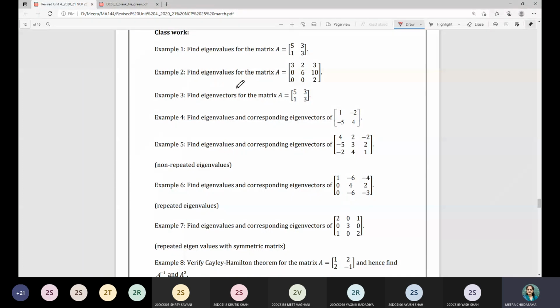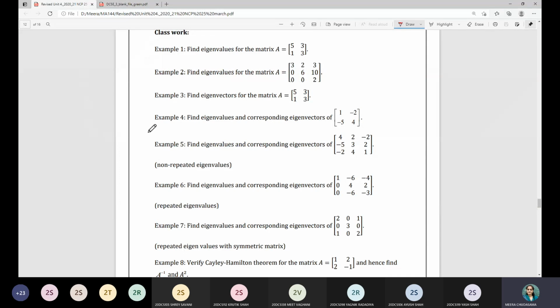Either you can consider it via definition, that is determinant of A minus lambda I is equal to 0, or you can have that S1, S2, S3 method, where S1 is the trace of A, S2 is the sum of minors of diagonal elements, and S3 is the determinant of A for a 3 cross 3 matrix. For 2 cross 2 it is S1 as trace of A and S2 as determinant of A. That is what we have seen.